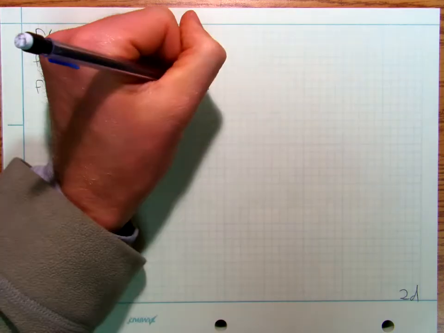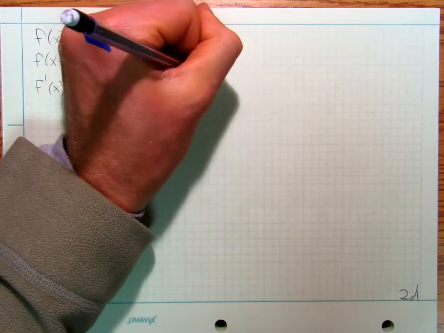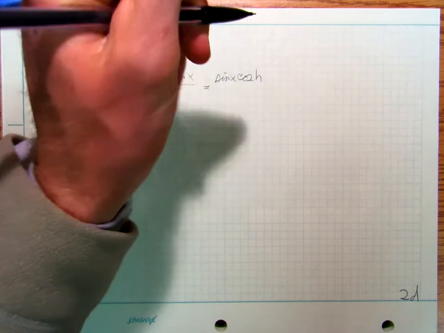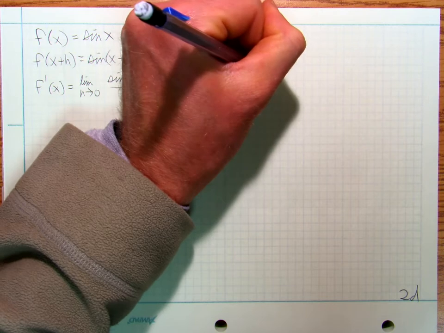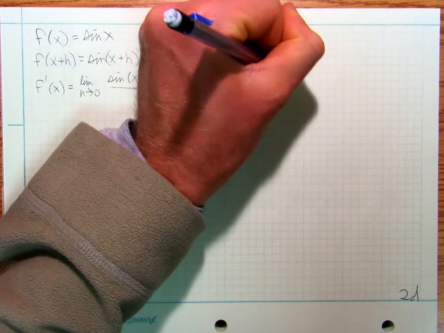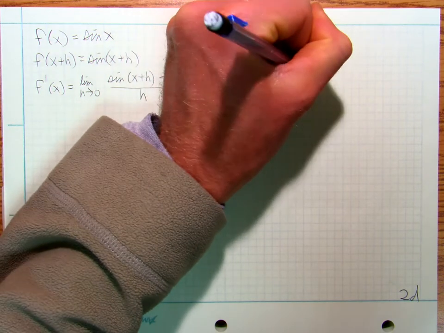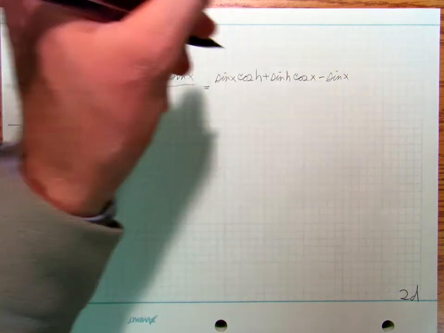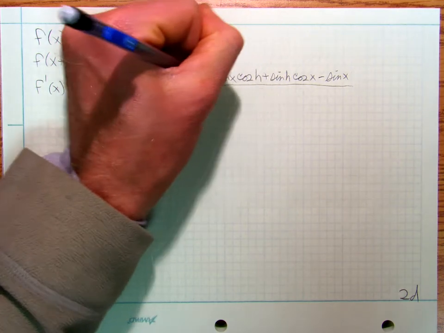Okay, what I come up with is this is sine of x cosine of h plus sine of h cosine of x minus sine of x all over h.